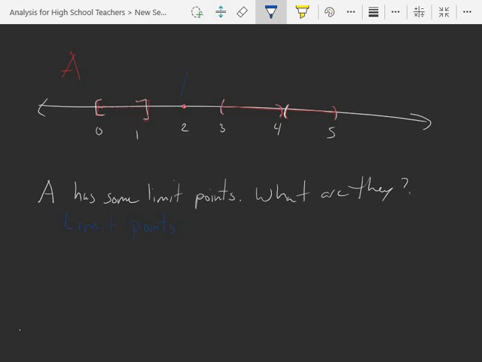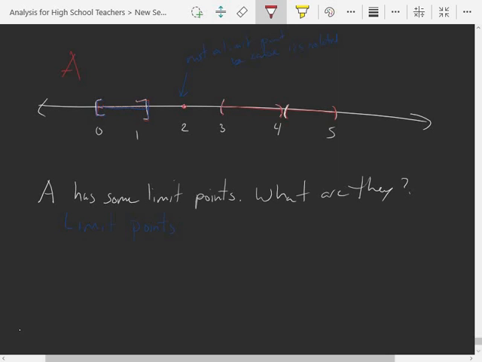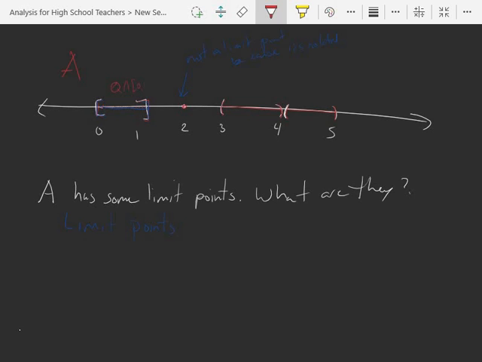Well, 2's not a limit point because it's isolated. But every point in this interval is definitely a limit point, right? Those are the rational numbers. This is Q intersect 0, 1.